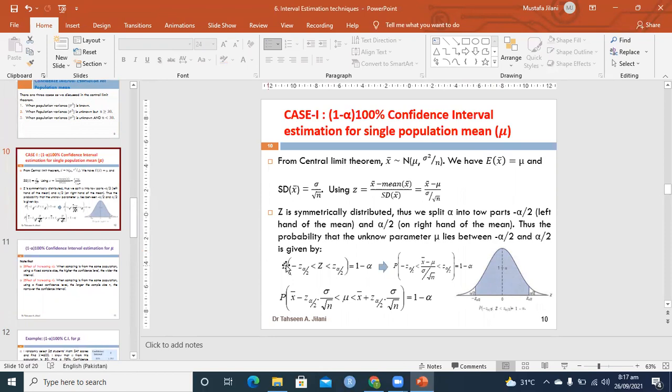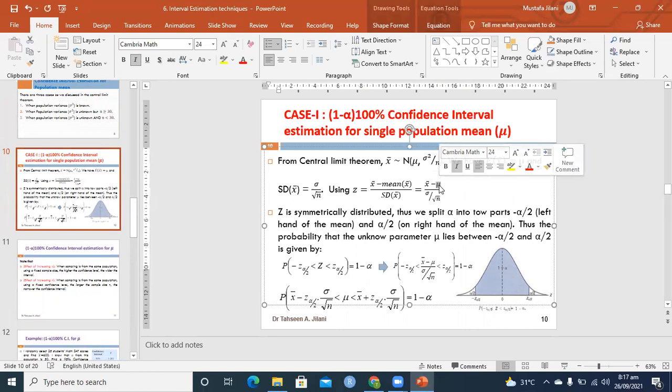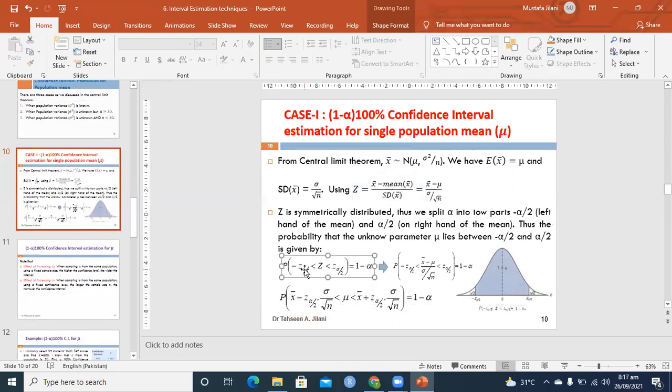The probability that the unknown Z value, which contains the unknown mu, is why I am calling this Z a random variable or unknown value. So this Z lies between minus Z alpha by 2, a cut point here, and on the right hand side Z alpha by 2, a cut point here, with probability 1 minus alpha.